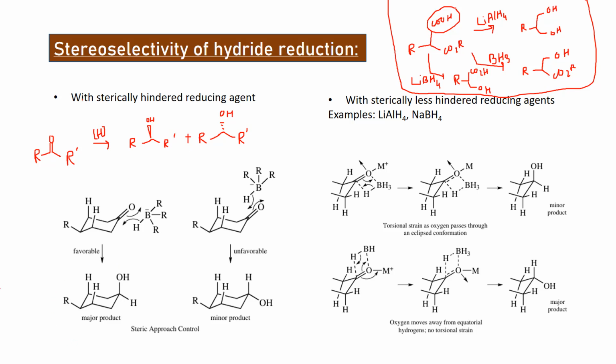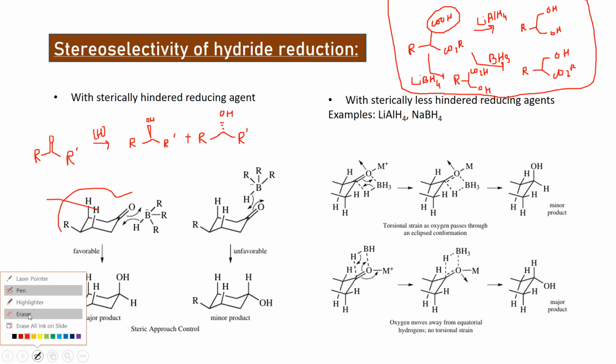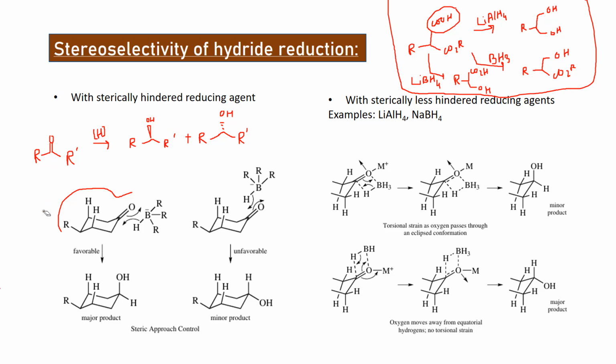Here you can see, if you take this type of cyclohexanone, in a cyclohexane there are two types of bond: one is axial, another is equatorial. If you have this type of cyclohexane, these straight bonds are called axial.